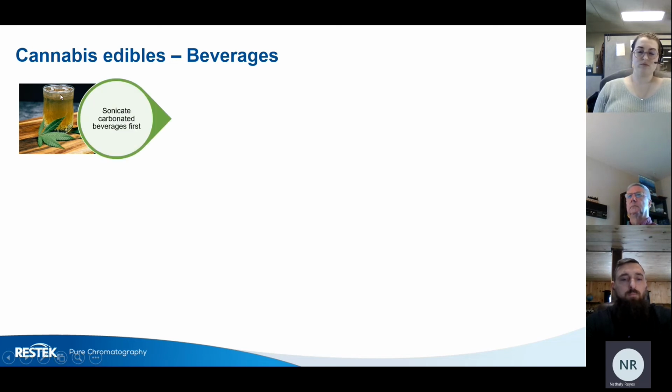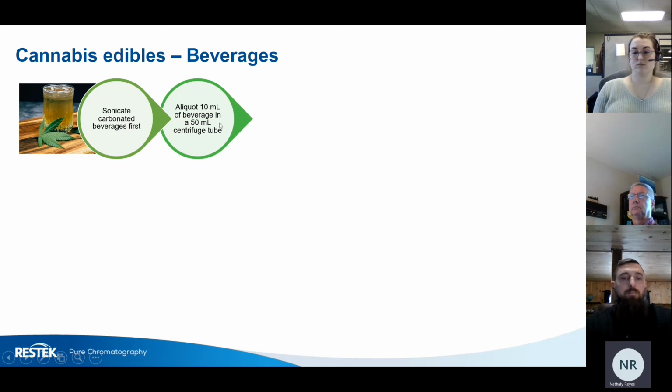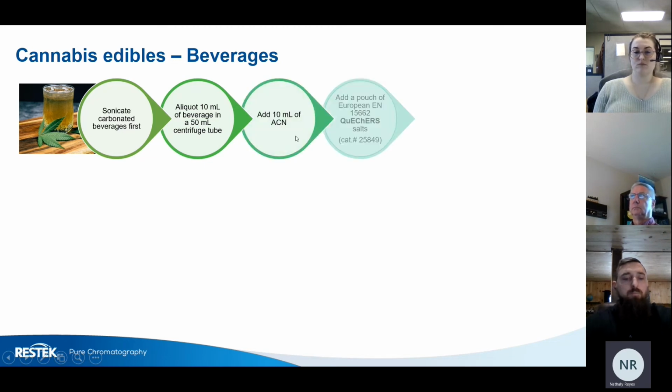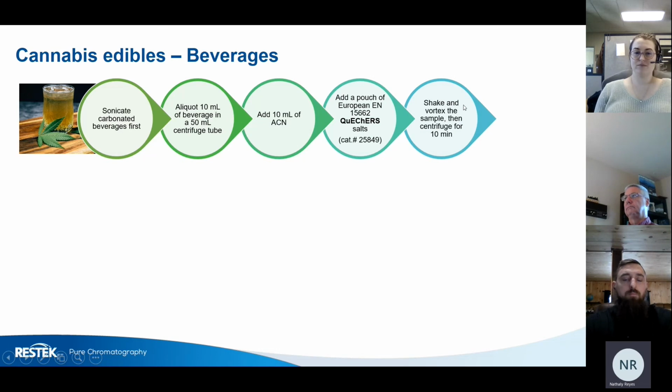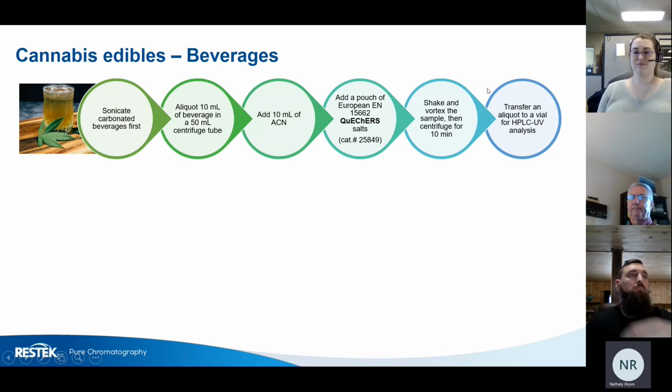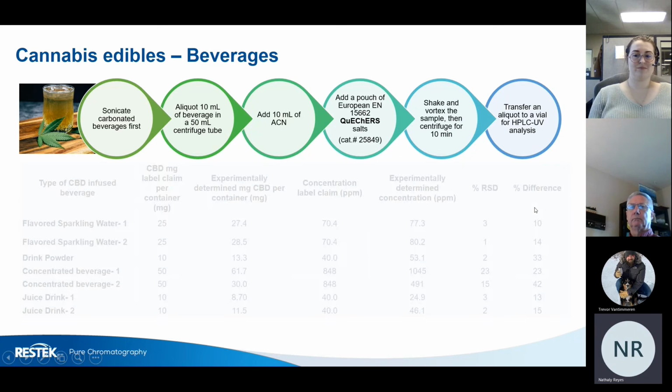And in this workflow, it was possible to perform successful analysis of cannabinoids by first sonicating the carbonated beverages and then taking a 10 milliliter aliquot, mixing it with ACN, and again using QuEChERS, using the same salts that I previously mentioned we use for gummies. And then after vortexing and centrifuging, we were able to measure cannabinoids in an aliquot of this supernatant.